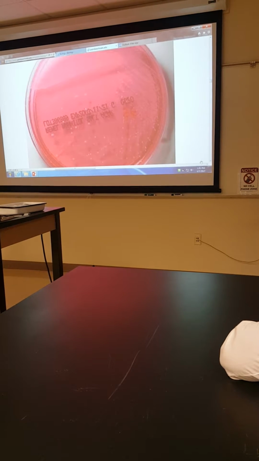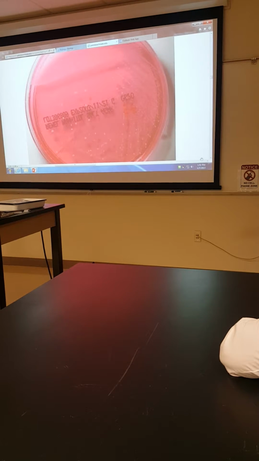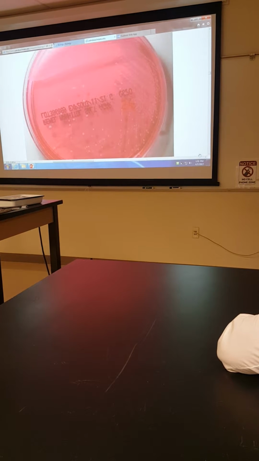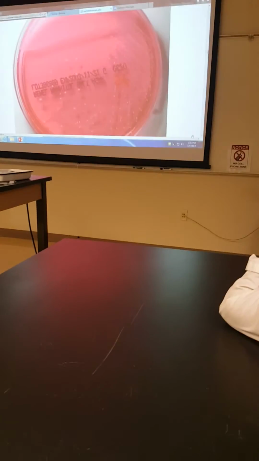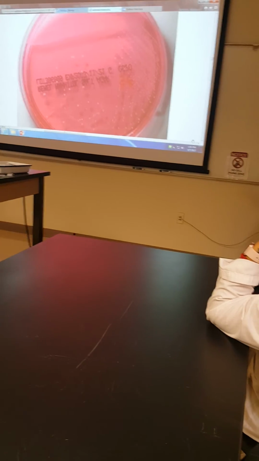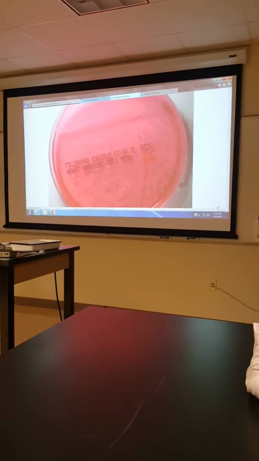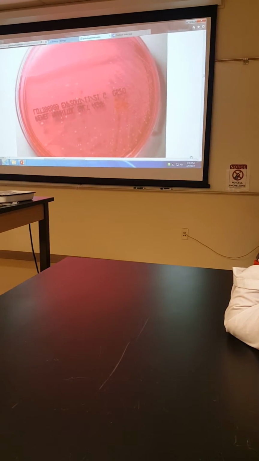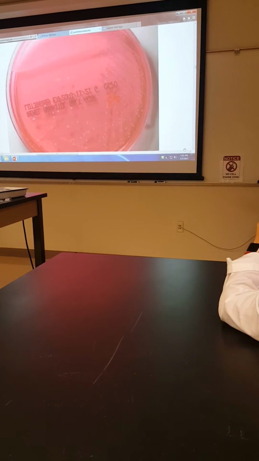Is mannitol salt agar differential? It allows us to tell Staph aureus from Staph epidermidis with the color change, so it is differential.